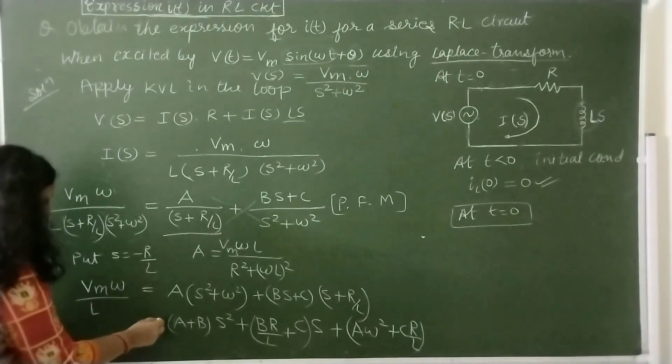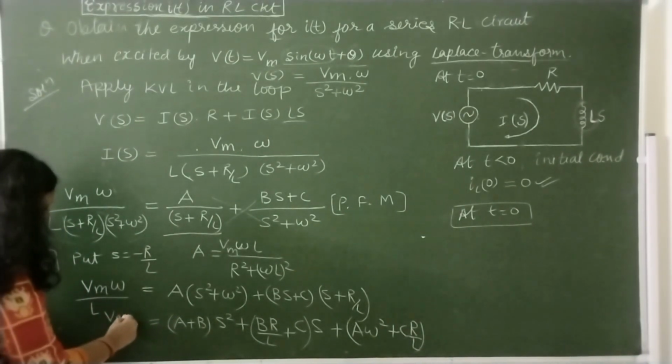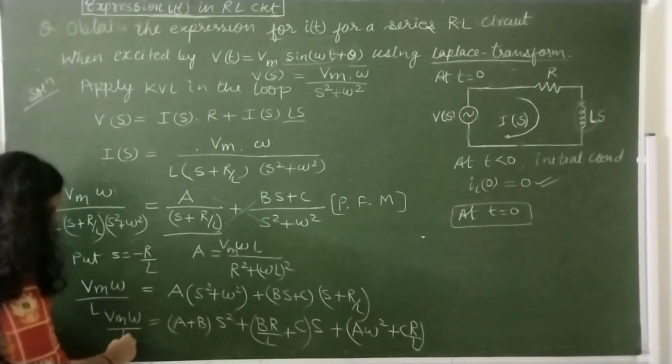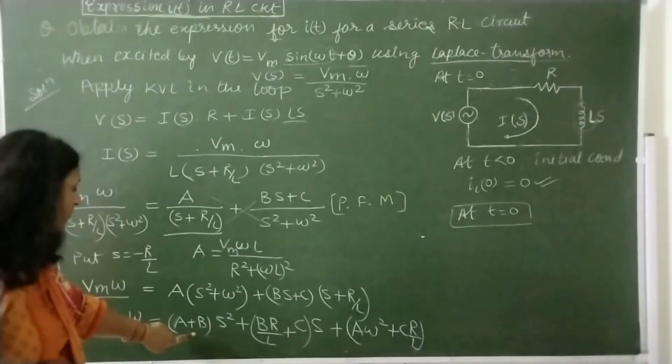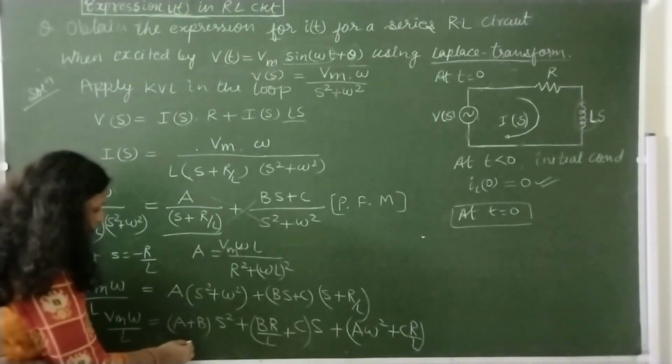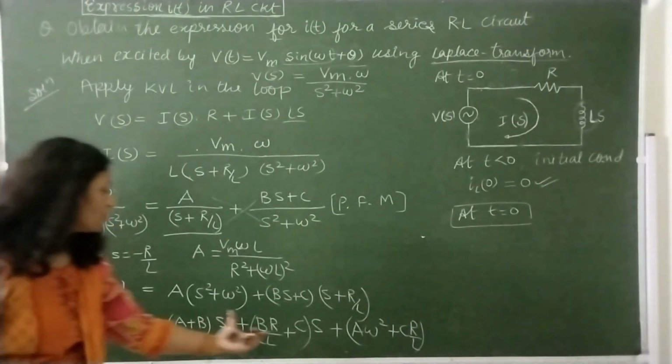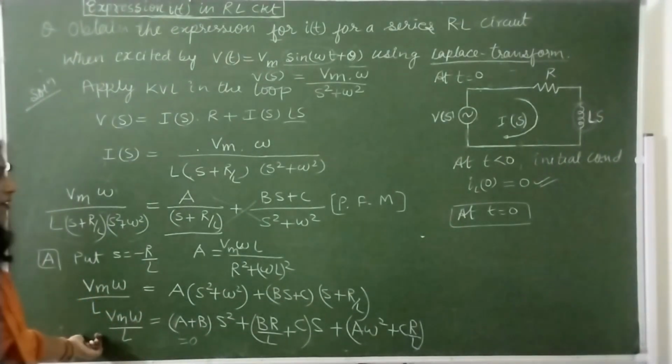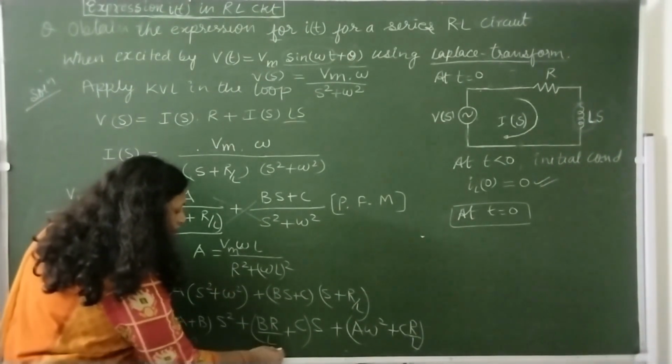On the left hand side only one term is there, that is Vm omega by L. Okay, so coefficient of s square is 0 on the left hand side. Coefficient of s on left hand side is again 0.